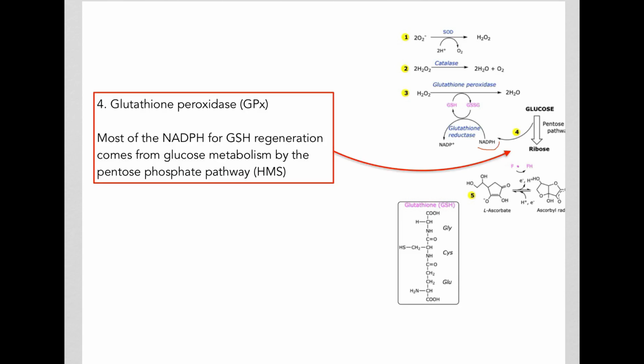Most of this NADPH required for this reaction by glutathione reductase comes from the pentose phosphate pathway that we talked about earlier under metabolism. And remember, the pentose phosphate pathway, also called the hexose monophosphate shunt, or HMS, is a pathway where glucose is converted to ribose and other sugars.